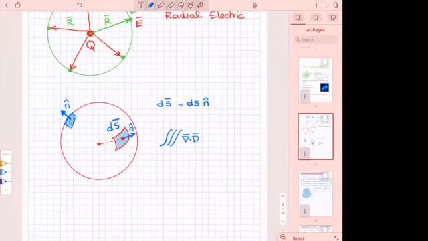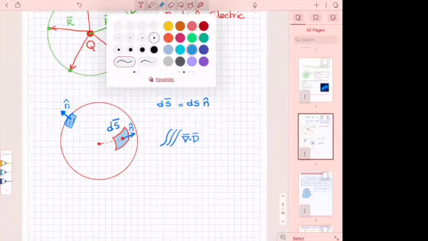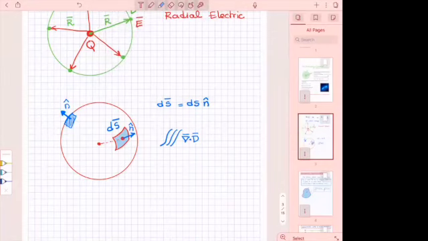The sphere has a surface and also has a volume. Let me use a different color for the volume, so say this surface also has a volume, okay?